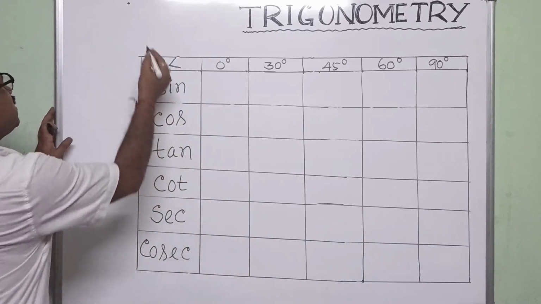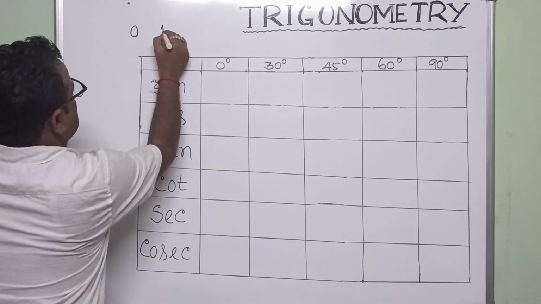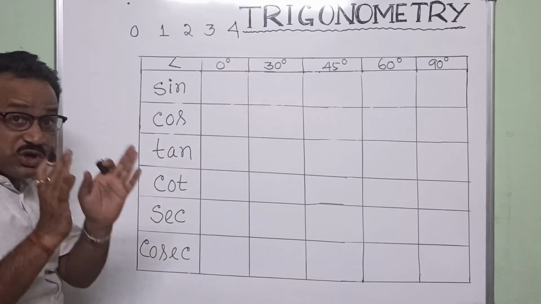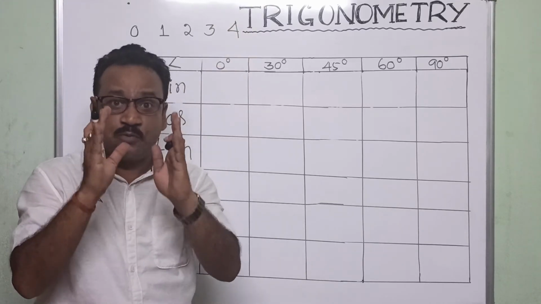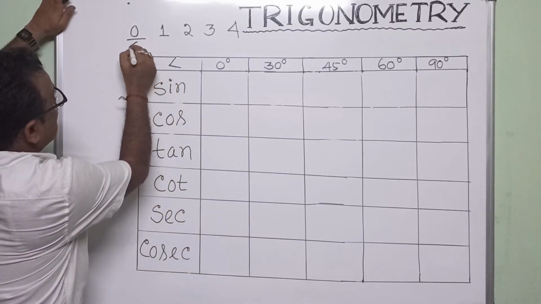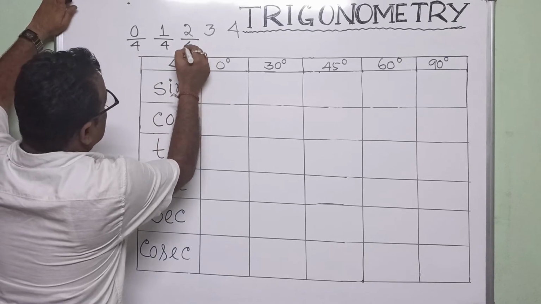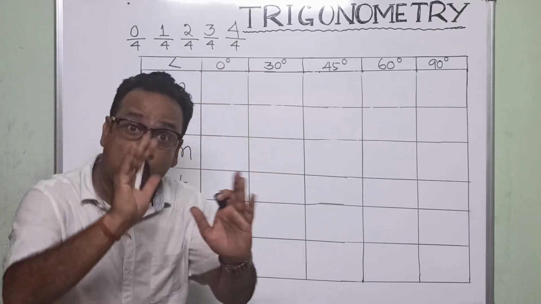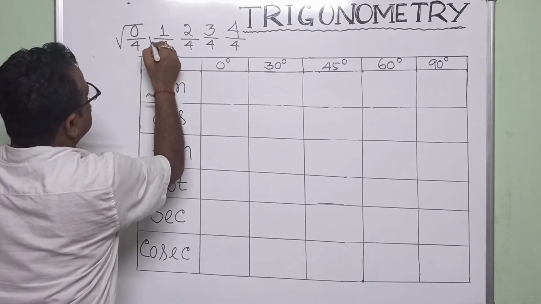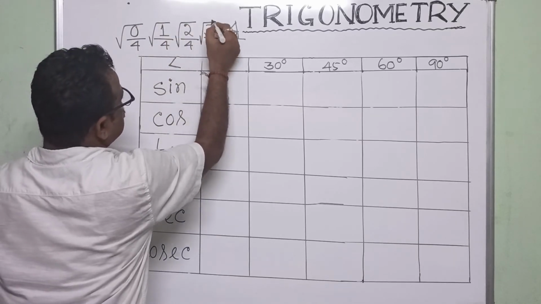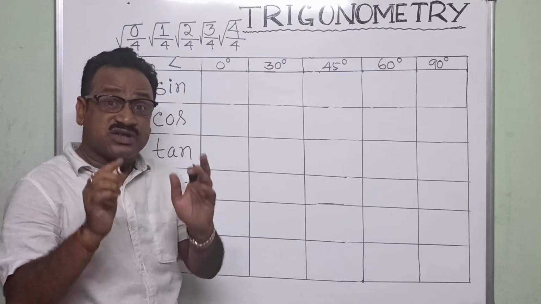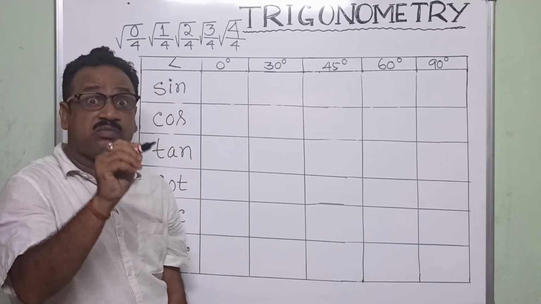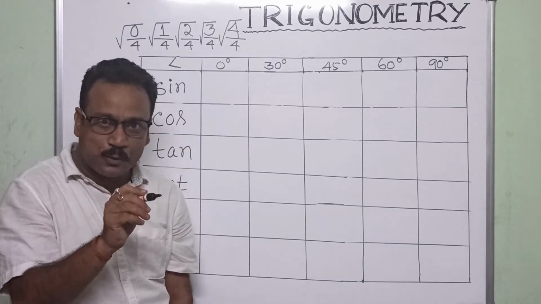Step 1, write 0, 1, 2, 3, 4. Step 2, divide all by 4: 0 by 4, 1 by 4, 2 by 4, 3 by 4, 4 by 4.